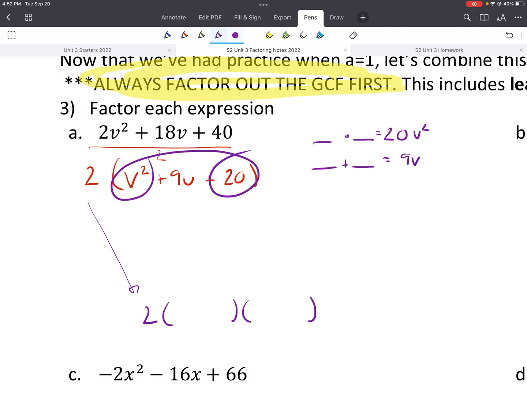Okay? So 1 and 20 doesn't work, 2 and 10 doesn't work, 3 doesn't go into 20, 4 and 5, that could work. So we could do 4v and 5v, and we can go straight to our answer. So we do v plus 4 and v plus 5. Okay?